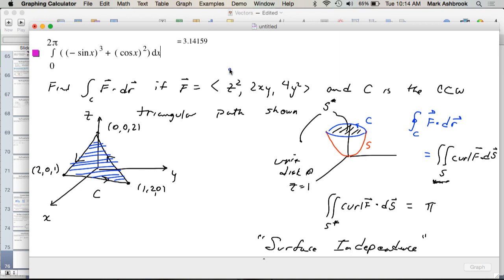The curl of this, right? So instead we're going to use the blue plane as our S, and we're going to do the surface integral over S of the curl of F dot dS.